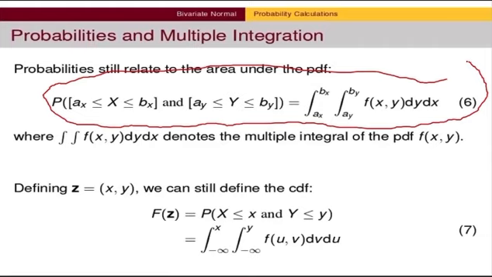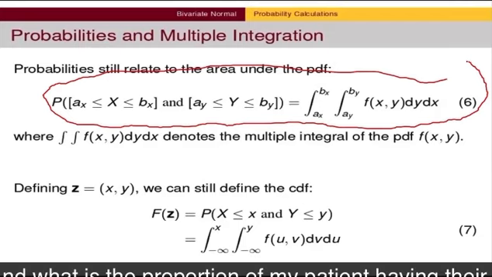Let's go back to the clinic now. Assume X is weight and Y is height of my patient. Let's say I happen to be a doctor and I want to figure out what proportion of my patients have weight between two values, and what proportion have their height between two different values.